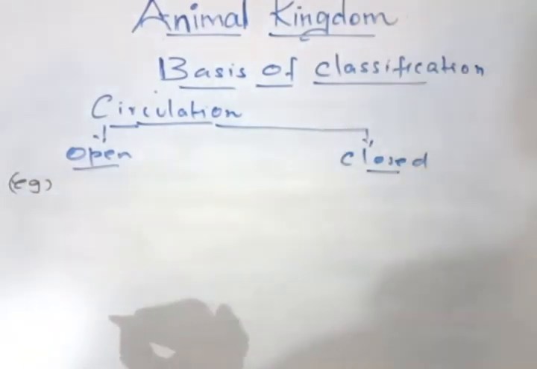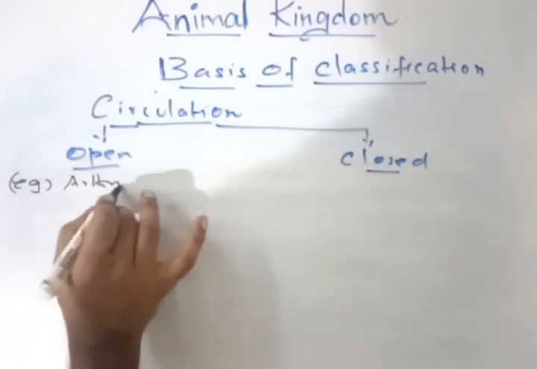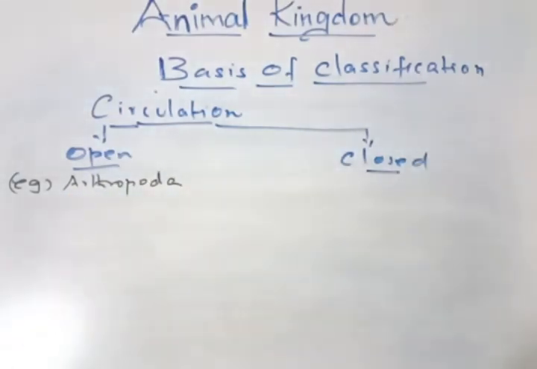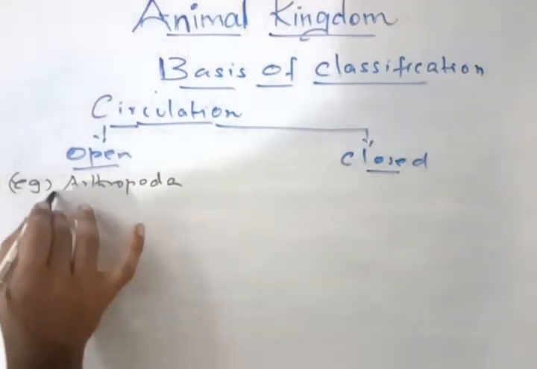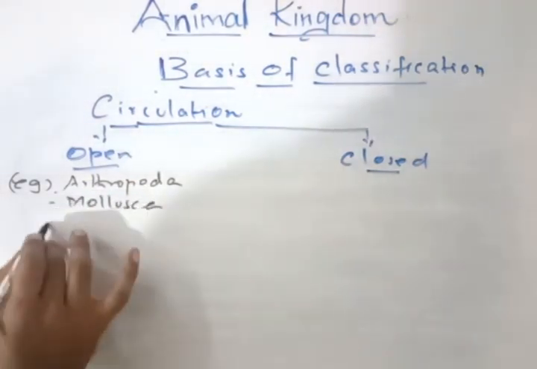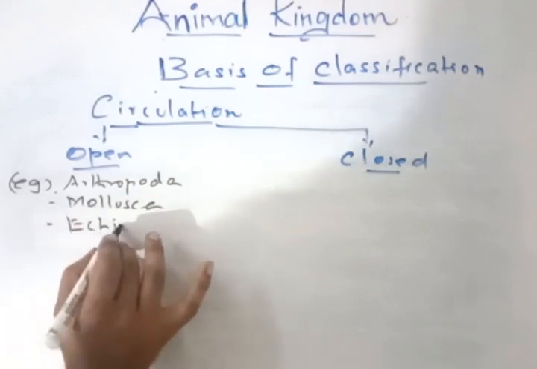Here we talk about some Arthropoda. Arthropoda: poda means feet, arthro means joint, jointed legs, for example butterfly, cockroaches. Then you will have Mollusca, soft-bodied animals, snail. Then you will have Echinodermata.